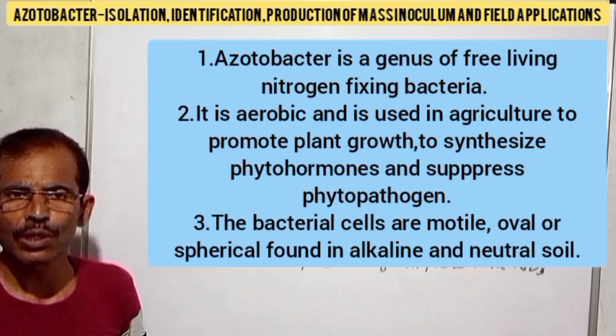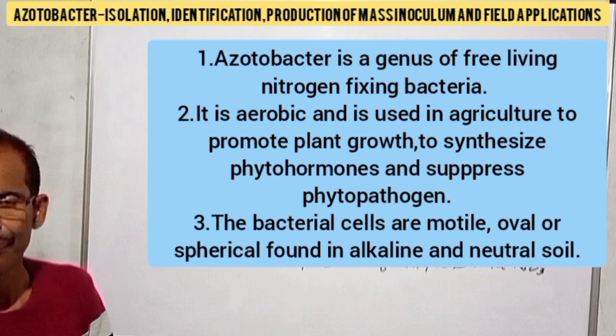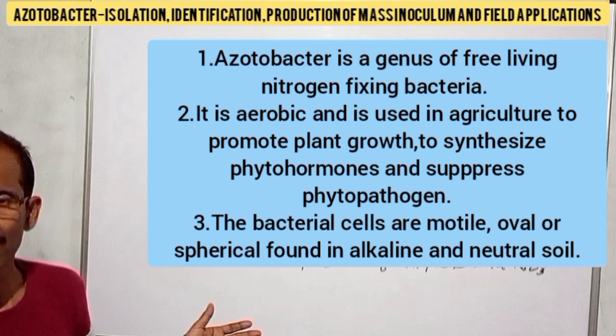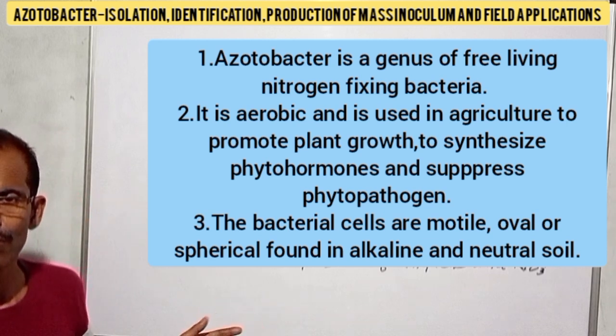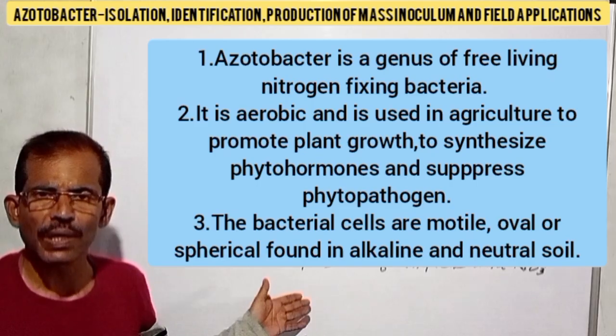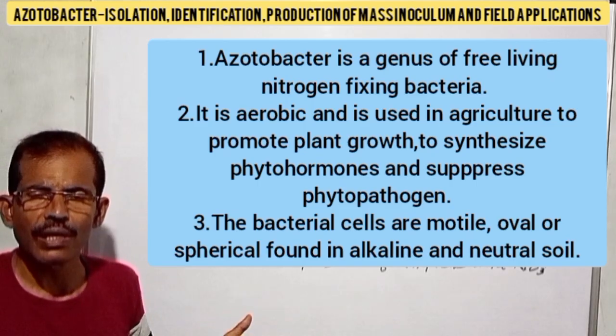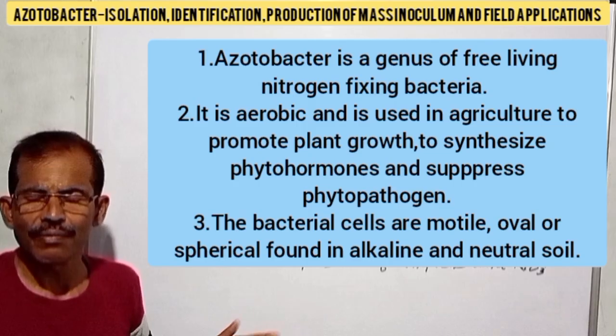Azotobacter is a genus of free-living nitrogen-fixing bacteria. It is used in agriculture to promote plant growth, synthesize phytohormones and suppress phytopathogens. It is mass-produced in laboratories in nitrogen-free liquid nutrient media.